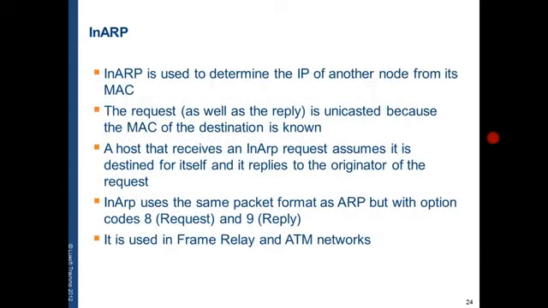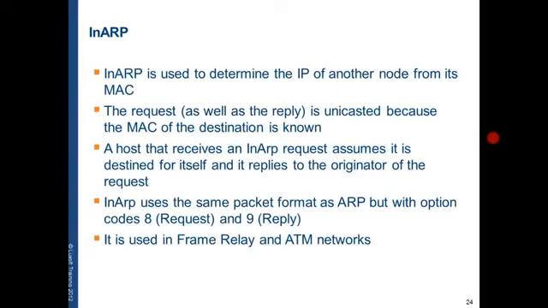InARP is used to determine the IP of another node from its MAC. In the normal ARP, we know the IP but we do not know the MAC; here it is the opposite.